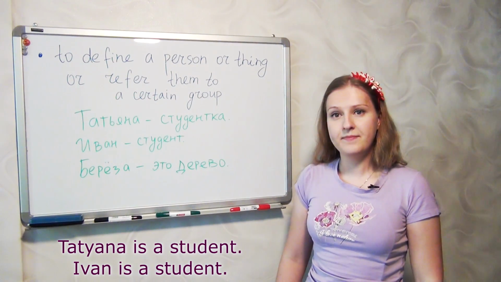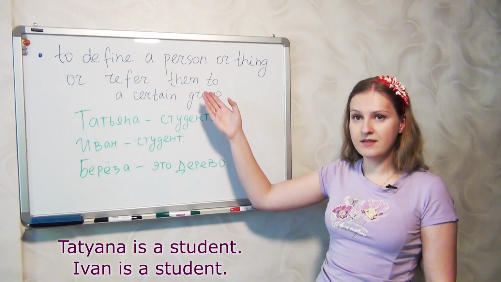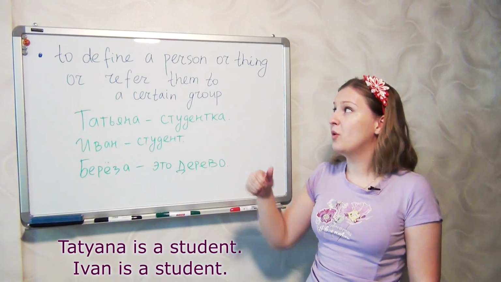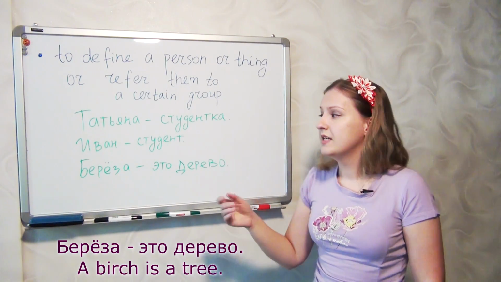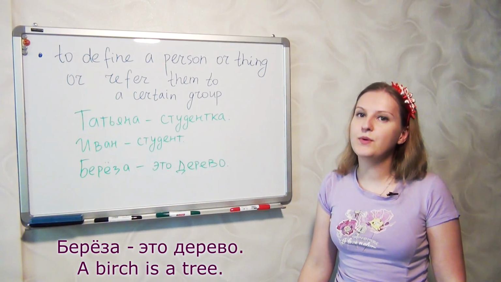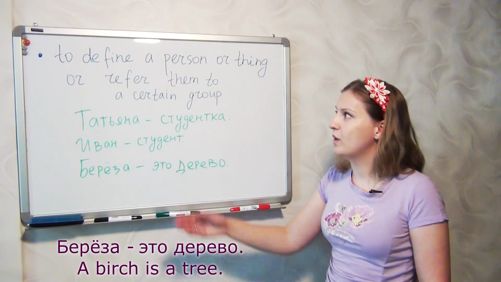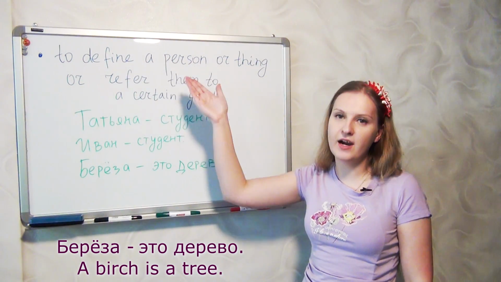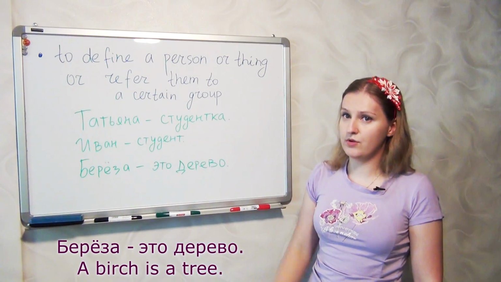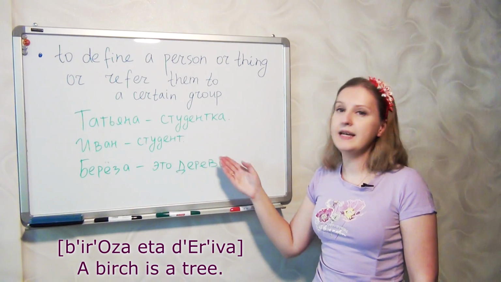By the way, here we deal with referring people to a certain group, or basically defining them. And береза – это дерево, the last example. A birch is a tree. Here we once again define a thing. So we say береза, a birch, is a tree. Это дерево.